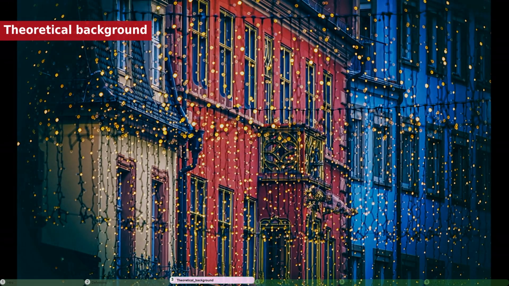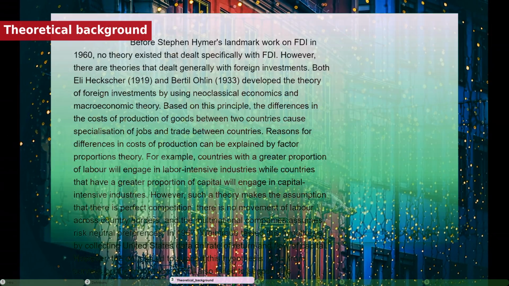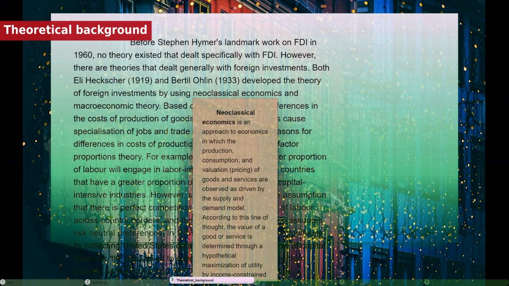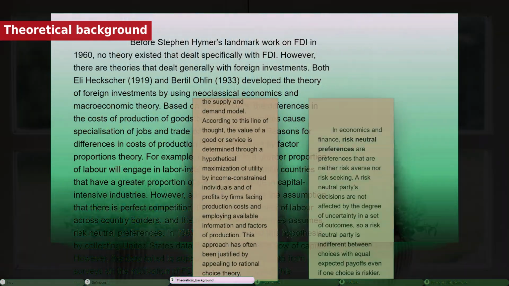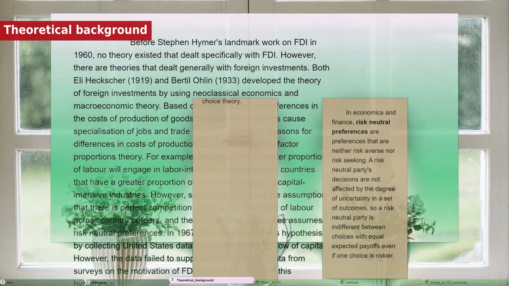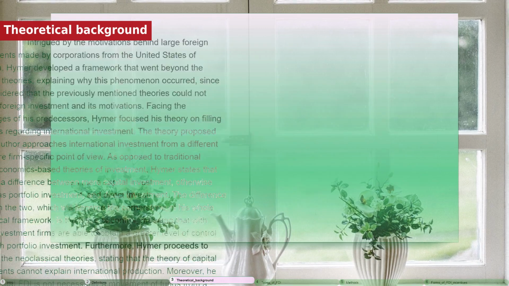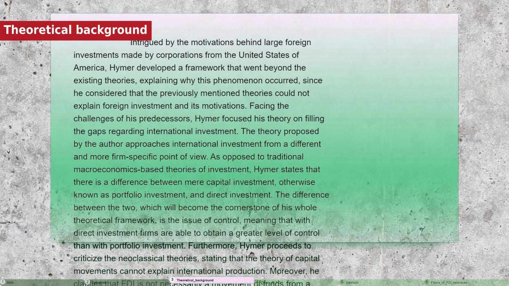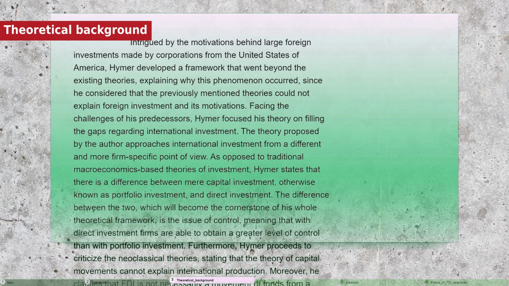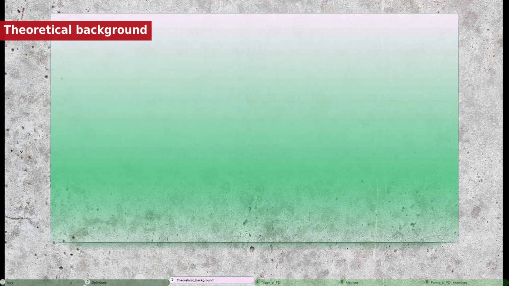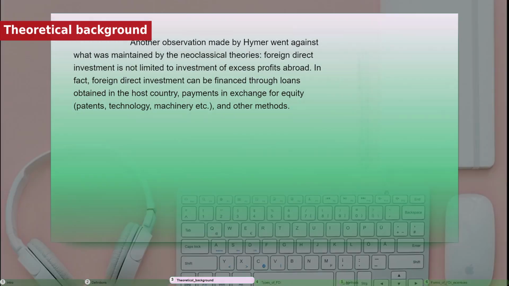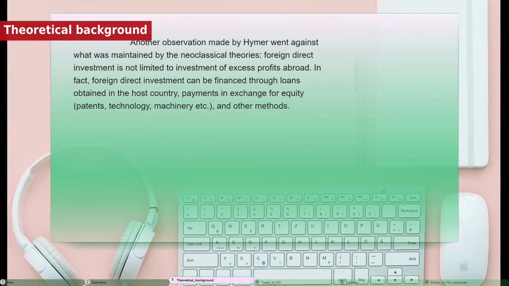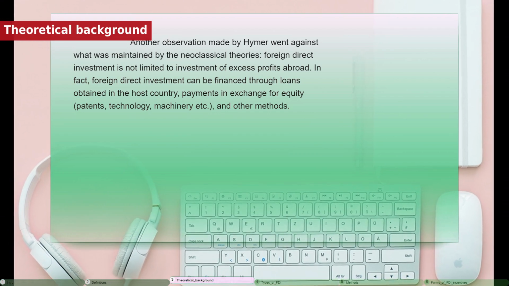The theories surrounding FDI didn't really take shape until Stephen Hymer's work in 1960. Hymer, what made his approach so revolutionary? Before him, there were theories on foreign investments, but Hymer critically examined them and focused on why corporations engage in large foreign investments, particularly from the U.S. So he argued existing theories didn't capture the essence of international production.